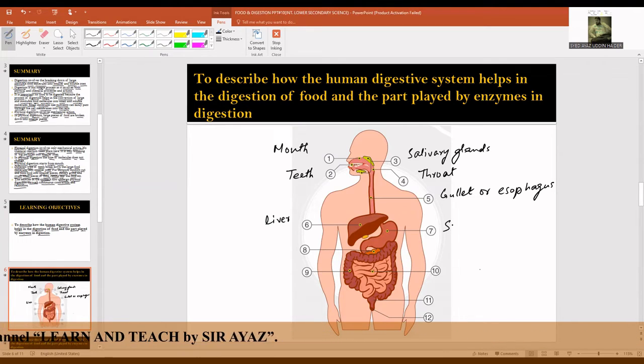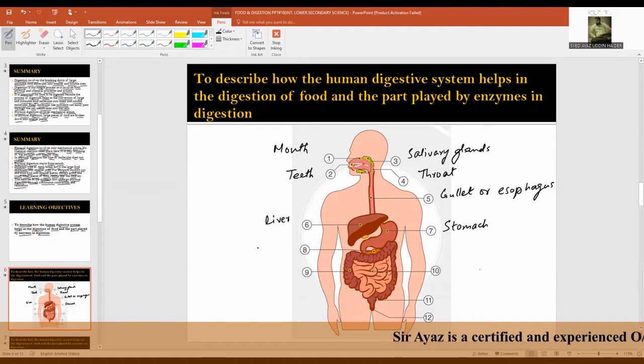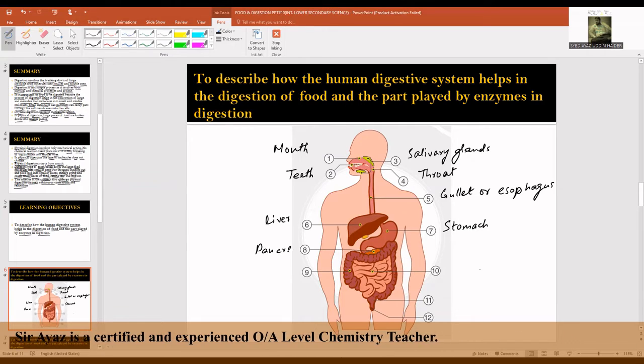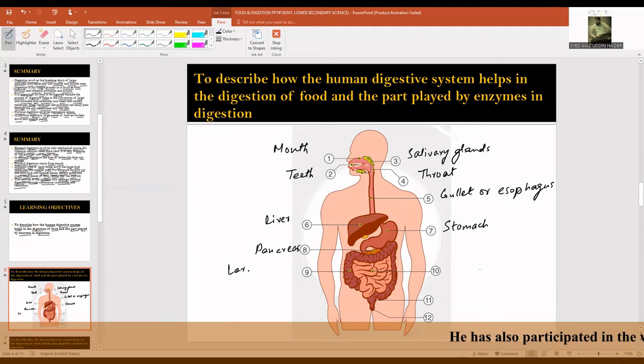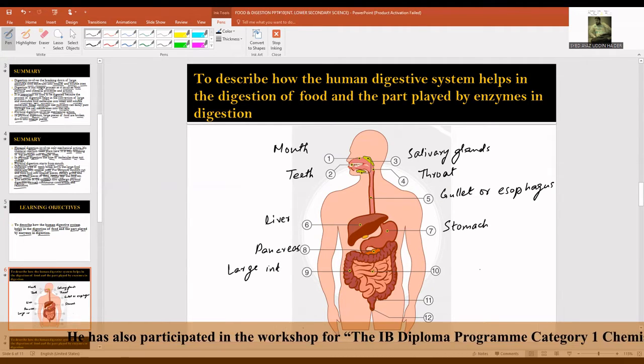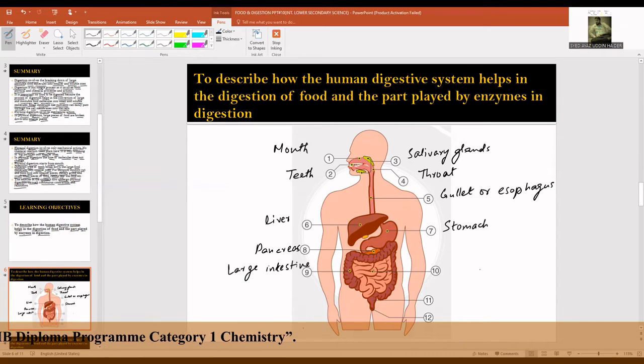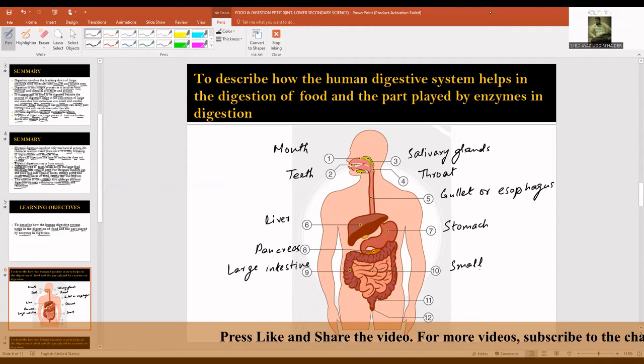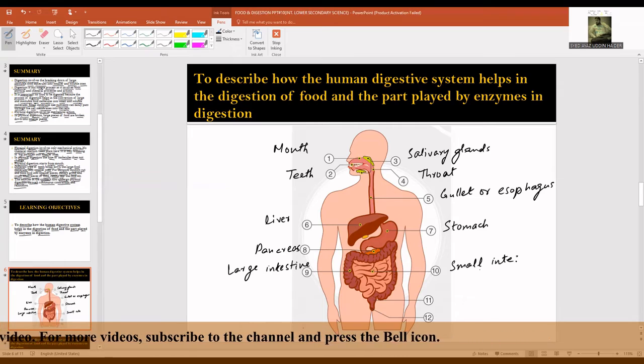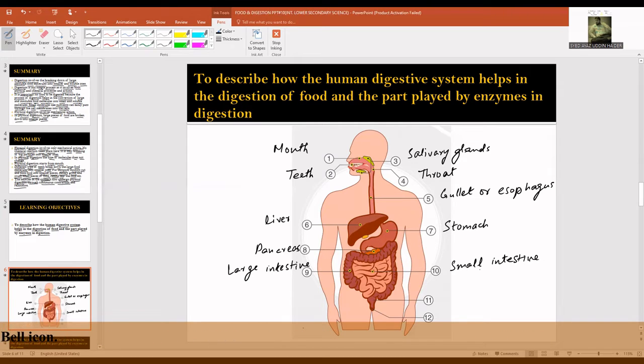This part is known as the stomach. This is the pancreas. Large intestine. This one is the small intestine. And here is the rectum. And this part is known as the anus.